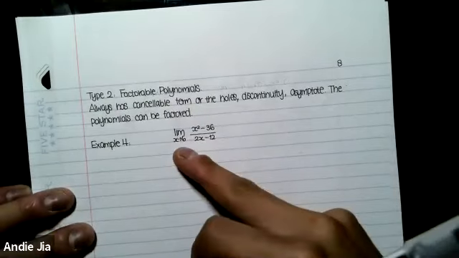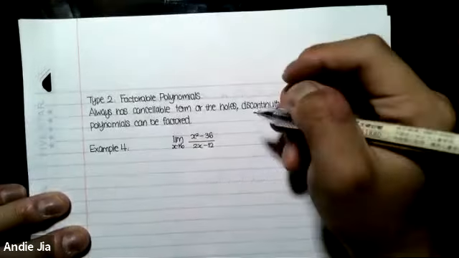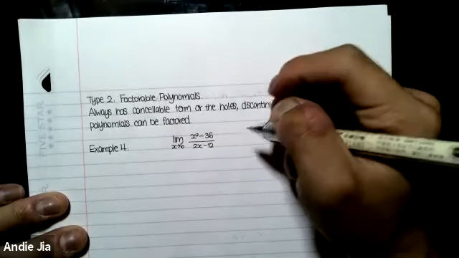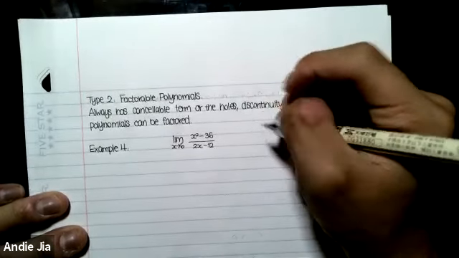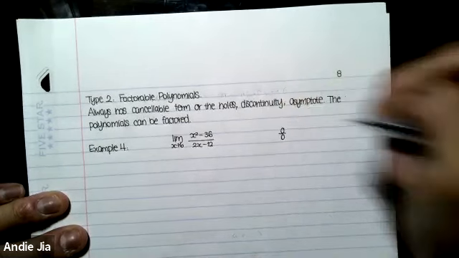Now, if you plug in 6, the top is a 0, and the bottom is also a 0. This type of limit we call a 0 over 0 limit.